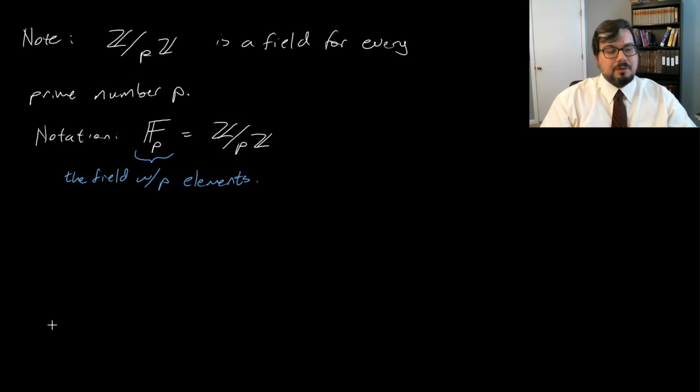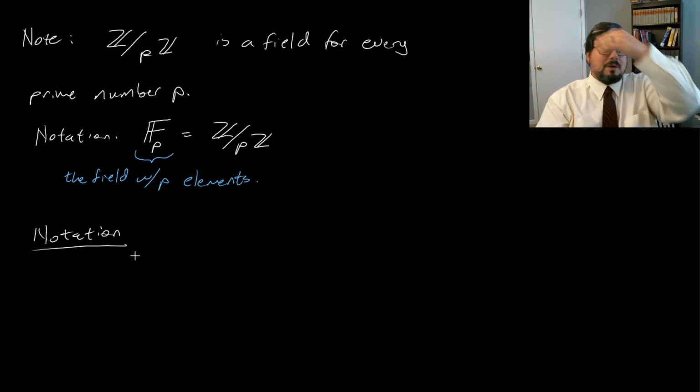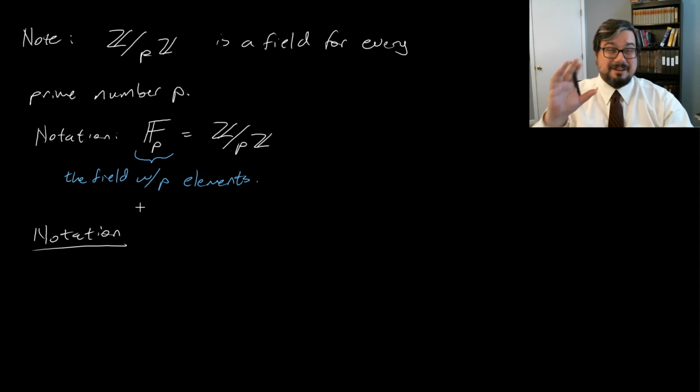Okay, so a little bit of notation. This is similar notation to what we've used for groups, and we've already sort of been using it a little bit in the guise of powers, but we want to make it explicit here.